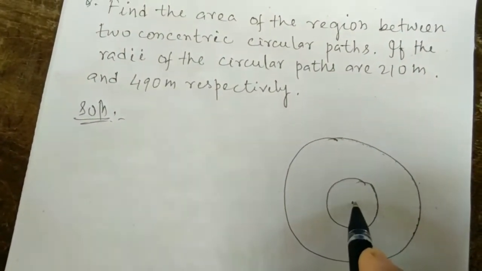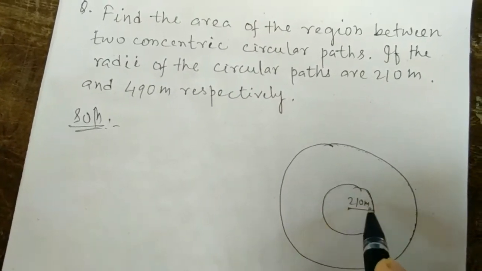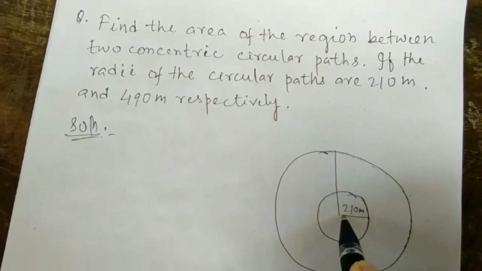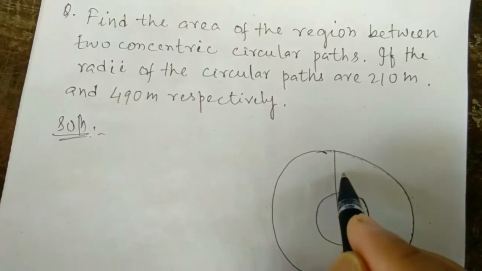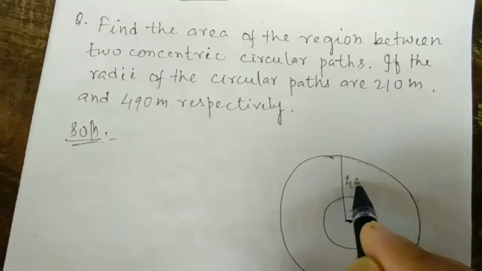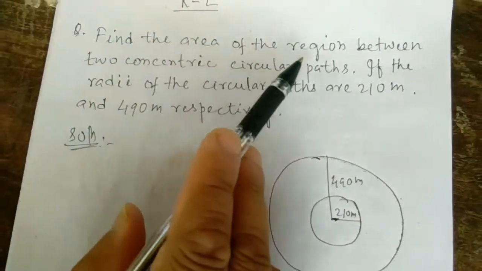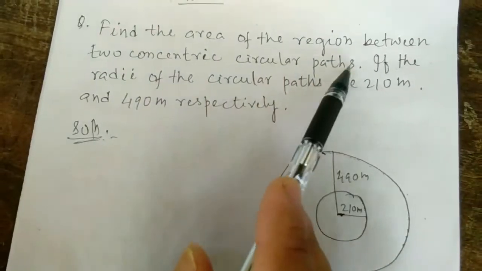The radius of this small circle is 210 meter, and the radius of the bigger circle is 490 meter.